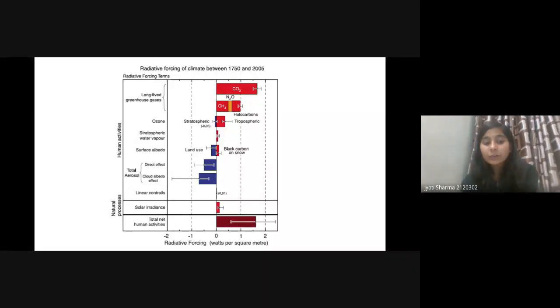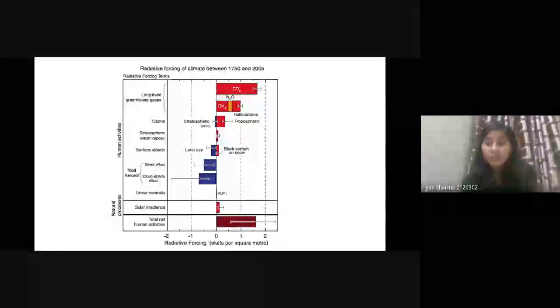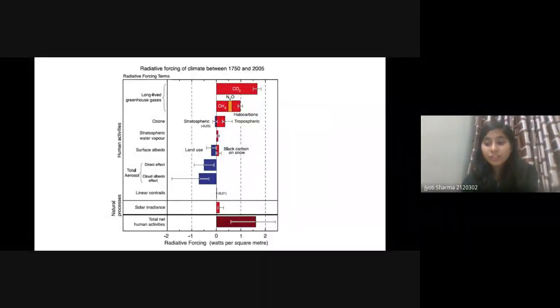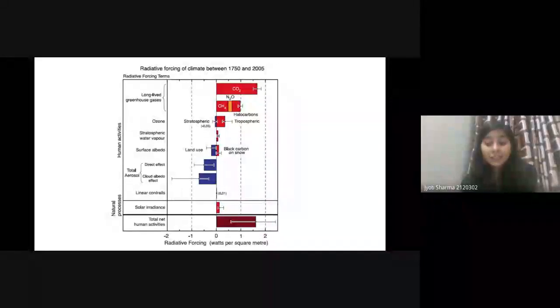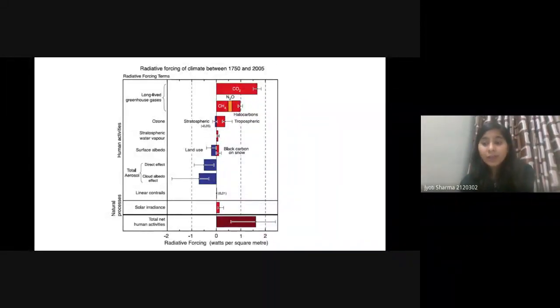So whenever we are calculating the total human activities radiative forcing, because of the humans, the radiative forcing is positive, meaning temperature will be increased, there will be warming because of the positive radiation. And can you see that the contribution of carbon dioxide is very much equivalent to the total net human activities, so we can conclude that most of the contribution has been given by carbon dioxide only.